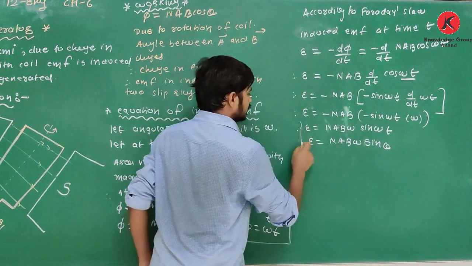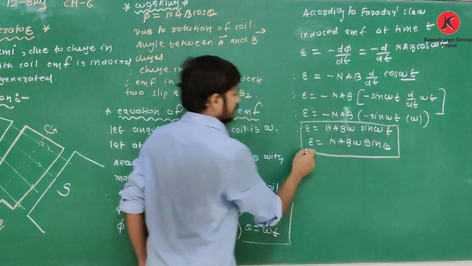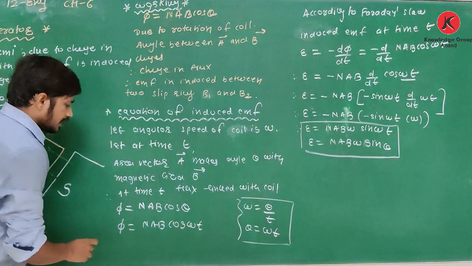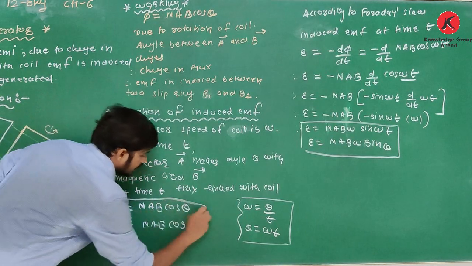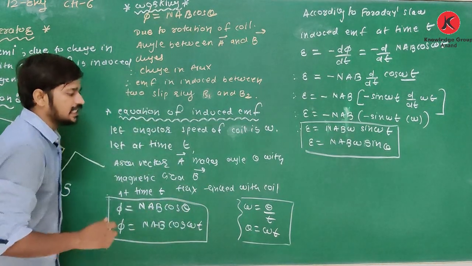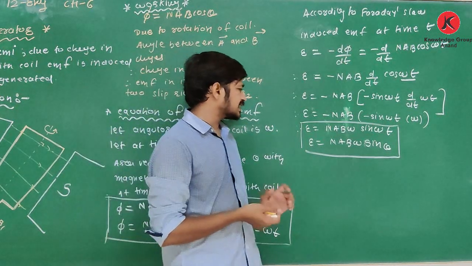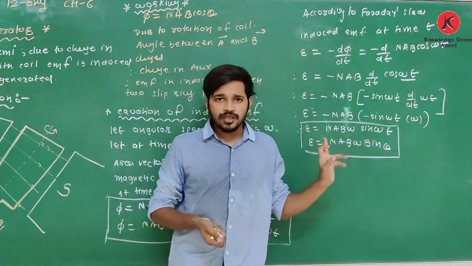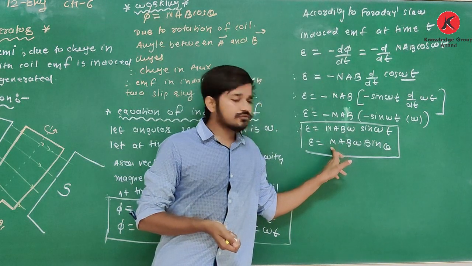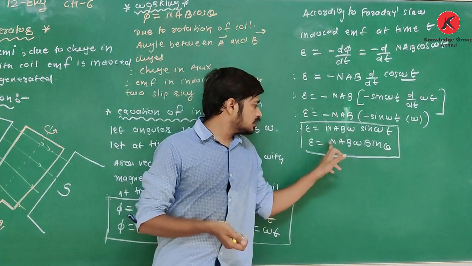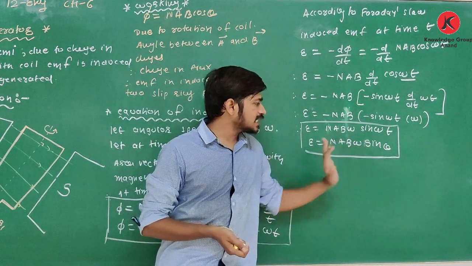So yes, it is the equation of induced EMF at time t. The earlier one is the equation of flux linked with the coil at time t. Clear about this? Now we have to understand the meaning of this equation, E is equal to NAB omega sine theta.